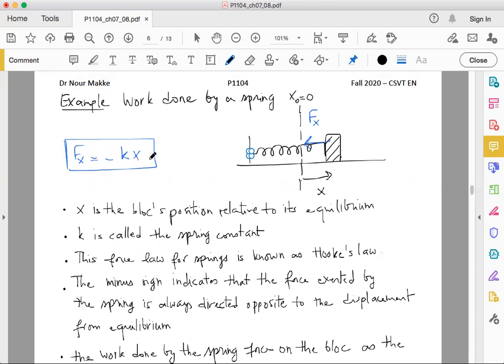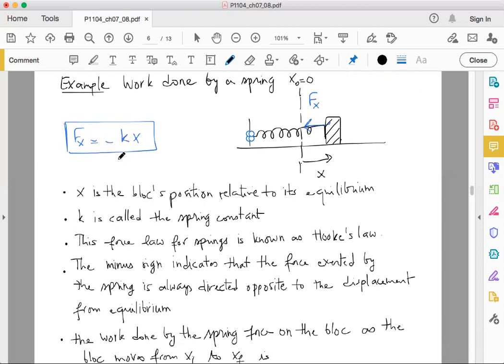So I stick to the book, I stick to the reference, and this is the way I wrote it down. But keep in mind that this minus sign is to tell you about the direction of F. This expression is the projection of the spring force F onto the x-axis.